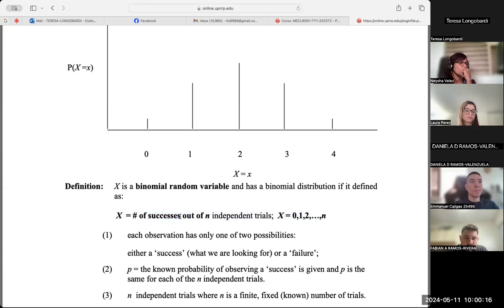It's what we're looking for when we flip the coin. And we say out of 4; we don't flip infinite coins, we flip exactly 4. We need that for identifying it as a binomial random variable. And those tries need to be independent.